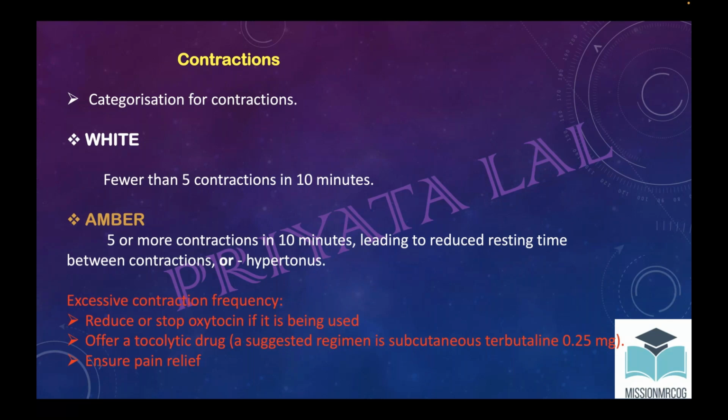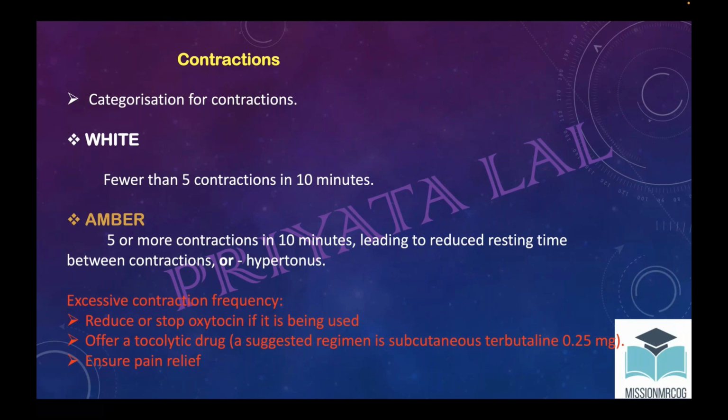Now they give colors to the CTG components. So it will be white, amber, and red. For contractions, white will be fewer than 5 contractions per 10 minutes. Code amber if there are more than 5 contractions per 10 minutes, or there is hypertonus.